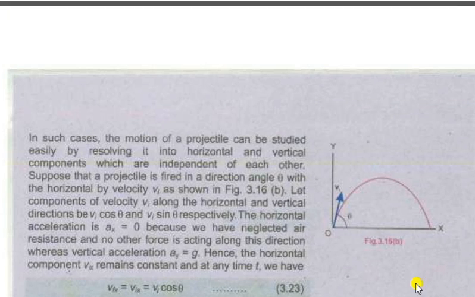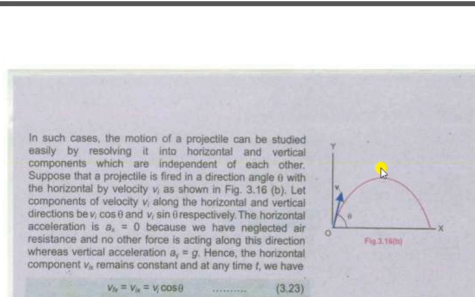If we see a projectile when we throw it into the air at some angle theta with the x-axis, it attains a maximum vertical distance at this point, and this is the maximum height. The vertical distance covered by the projectile at any instant of time t is known as the height of the projectile. Say at this time its height is this one, at this time its height is this one, and this is the maximum height.